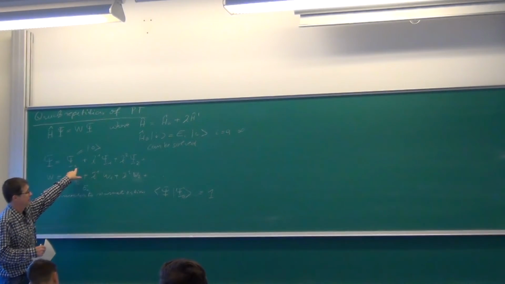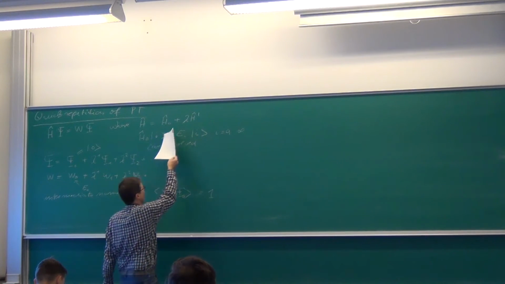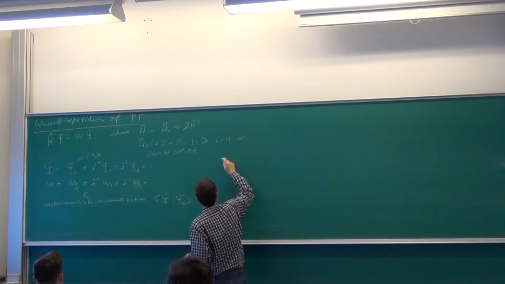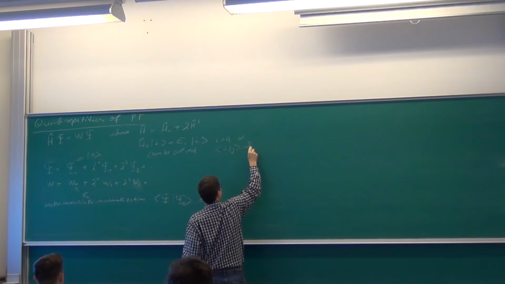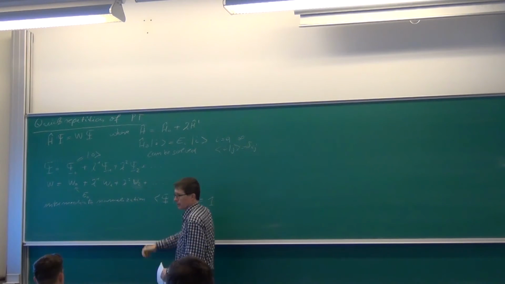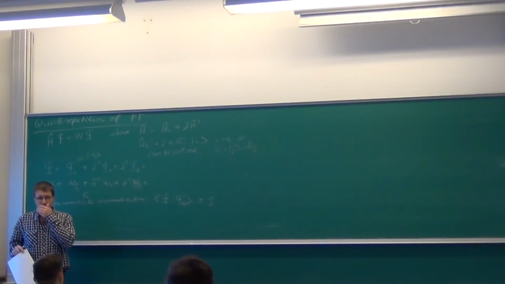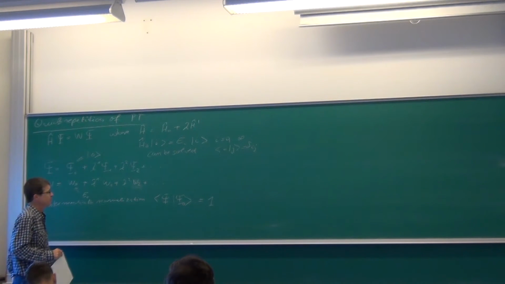Now if you insert that here, and of course our zeroth order wave functions are all not only normalized, but they are actually also orthogonal. So the overlap between two zeroth order wave functions is this Kronecker delta. It's 0 if they are different, it's 1 if they are the same function.